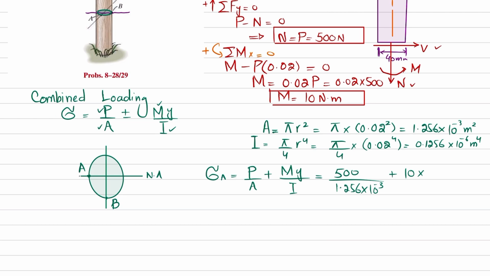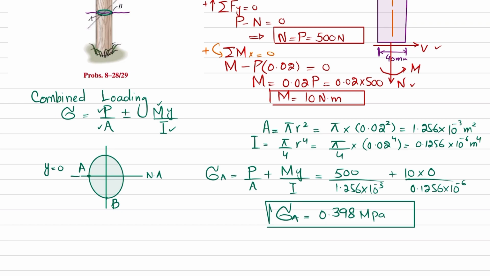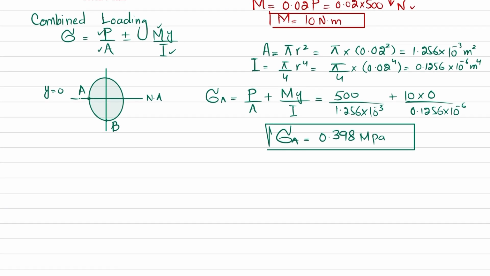Distance from neutral axis till point A, so Y is equal to 0, divided by I, which is 0.1256 into 10 raised to power minus 6. So from here you will get sigma A comes out to be 0.398 megapascal.